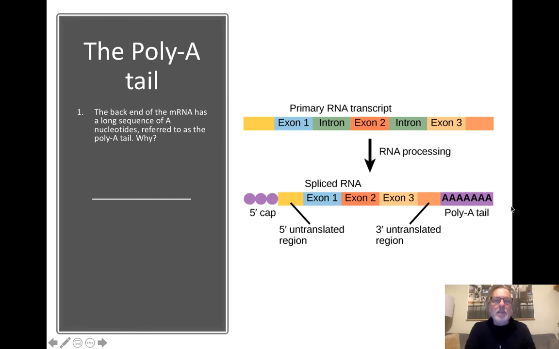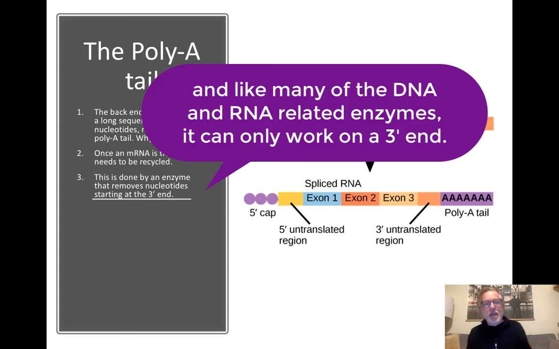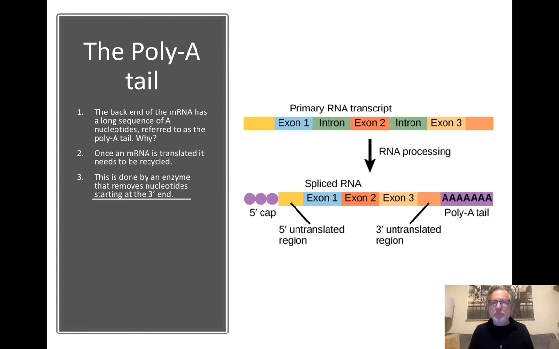So why does the back end of the mRNA have a long sequence of A nucleotides? Once the mRNA is translated, after it has been used, it needs to be recycled. And that job, of course, is done by an enzyme that removes nucleotides. And like many of the DNA and RNA-related enzymes, it can only do so starting at the 3' end.